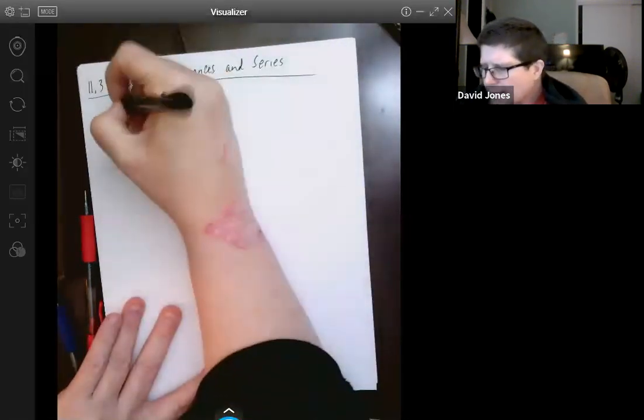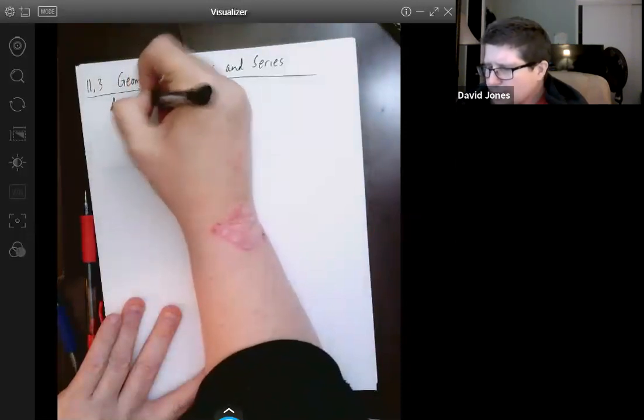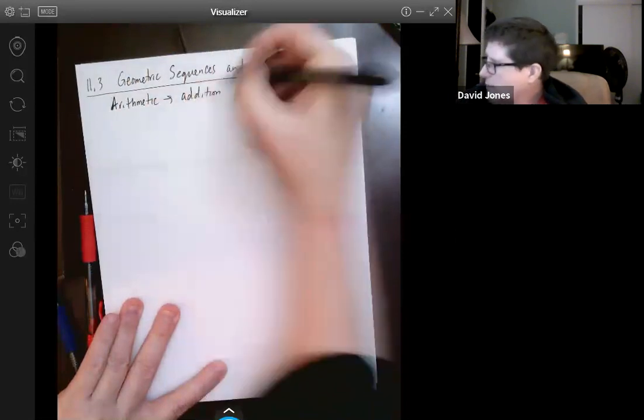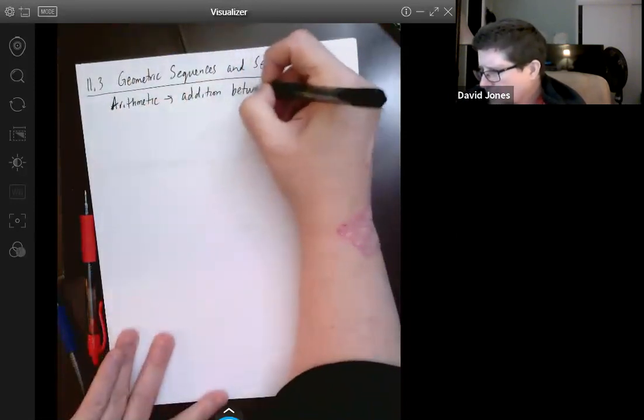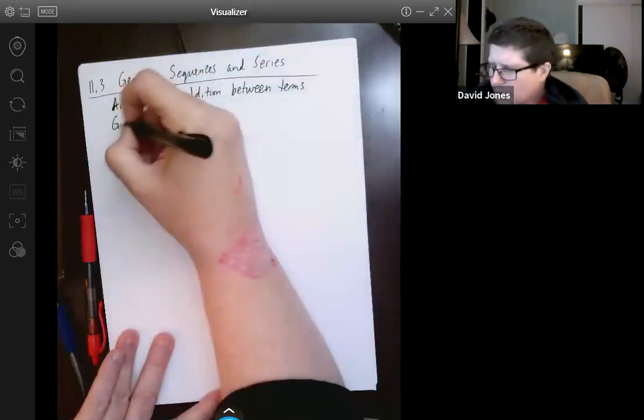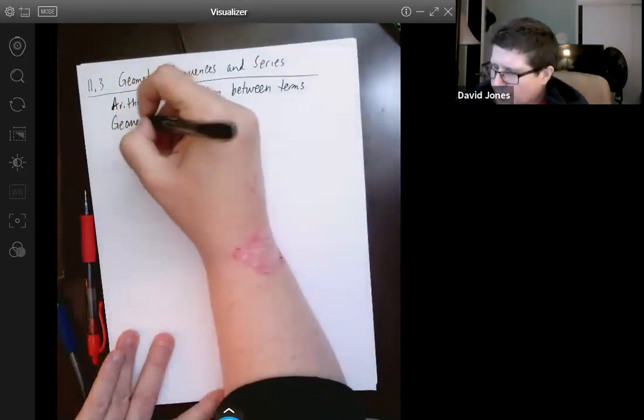And where arithmetic was addition between terms, the geometric is similar, but it's not addition, it's multiplication.